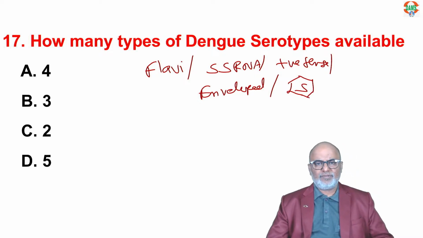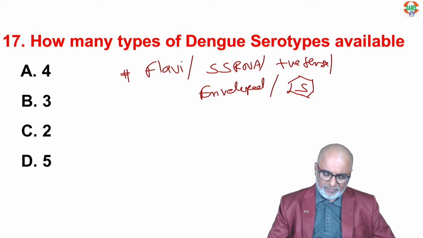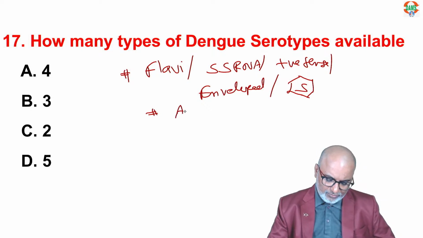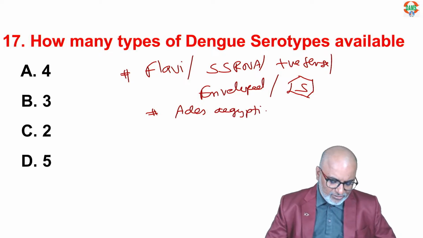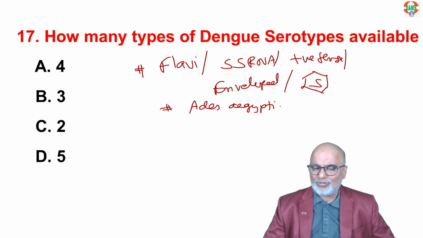These are all features of flavivirus. The vector is the Aedes mosquito. How many serotypes are available? We may get a direct question.